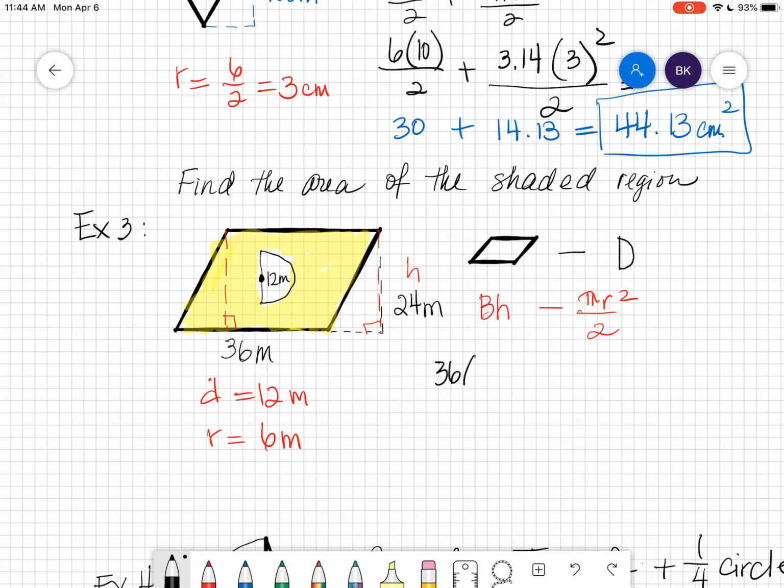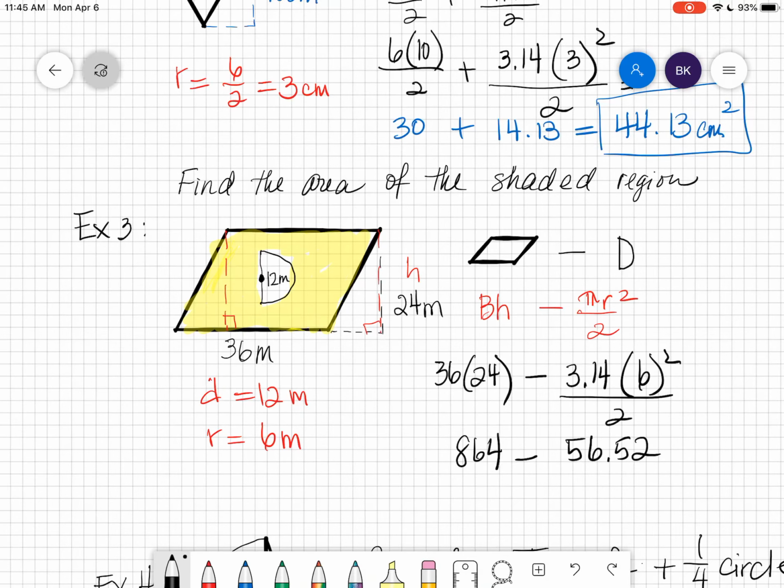36 times 24 minus 3.14 times a radius, which is 6 squared divided by 2. 36 times 24 is 864 minus 56.52, and the answer is 807.48 meters squared.